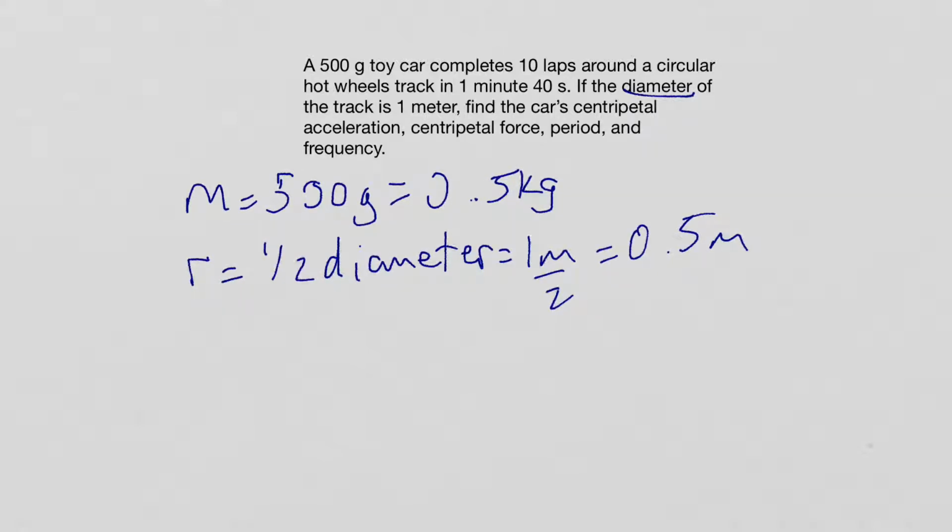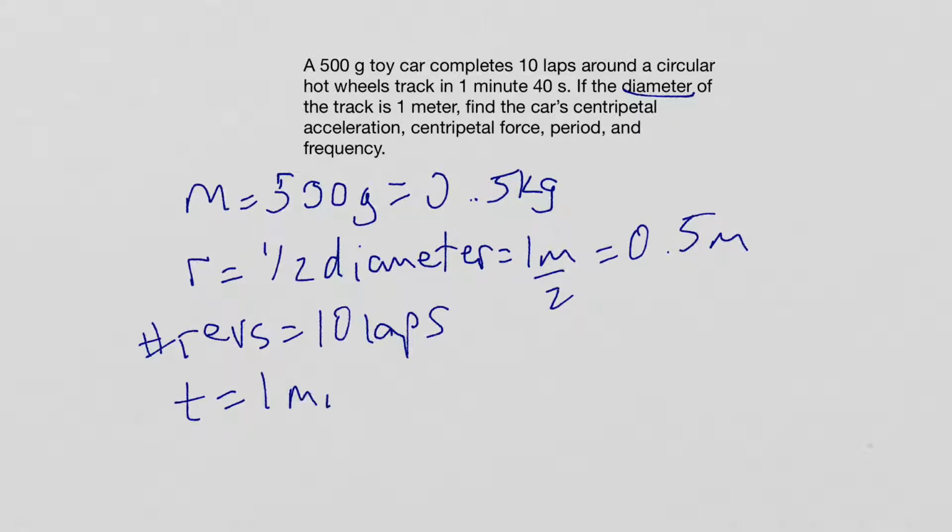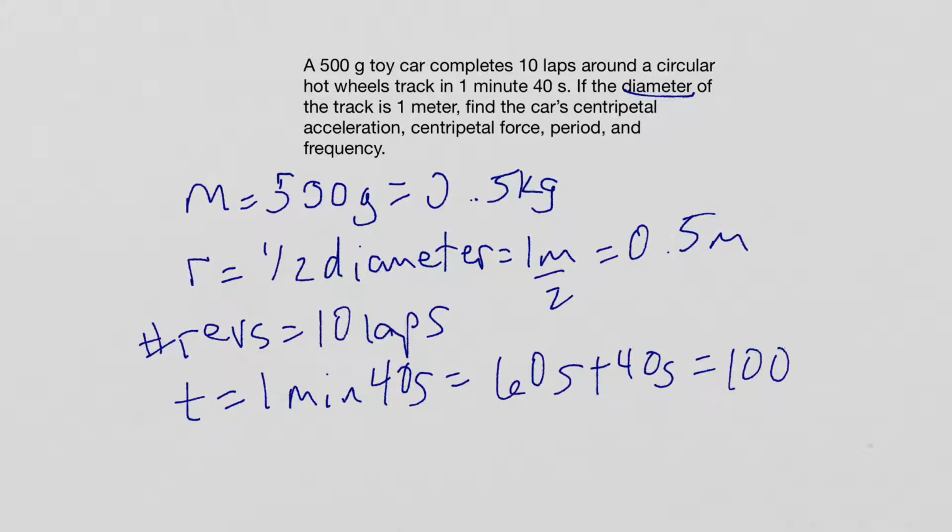It says it completes 10 laps, which is revolutions, the number of revolutions. And the time is 1 minute 40 seconds, and we have to change that to seconds. So it's just 60 seconds plus 40 seconds, which is 100 seconds.